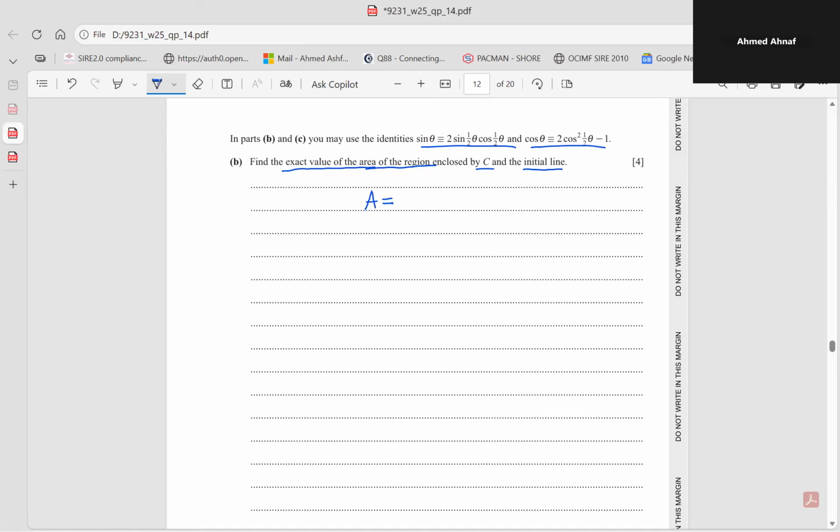We use half integral of r squared d theta, and the limits would be the least value of theta, 0, and the upper limit, which is pi.